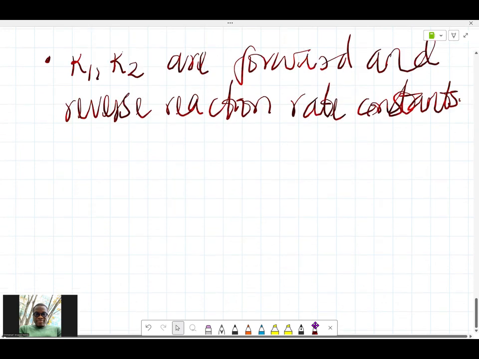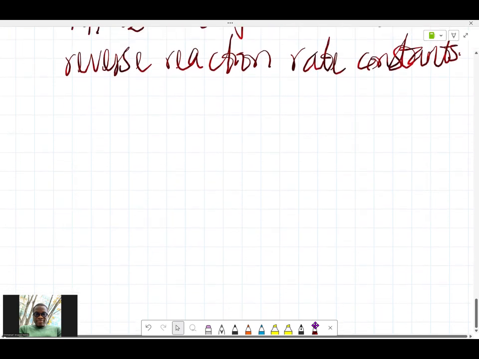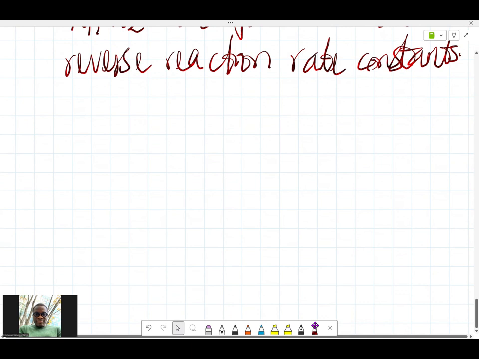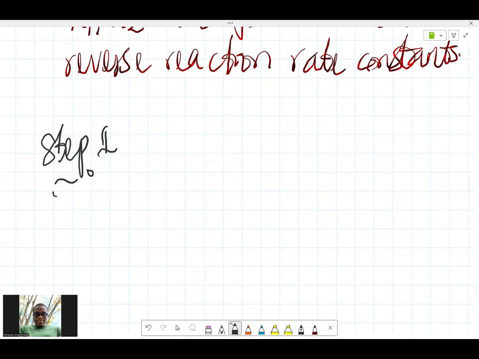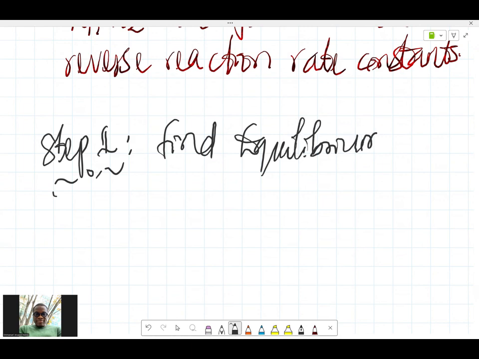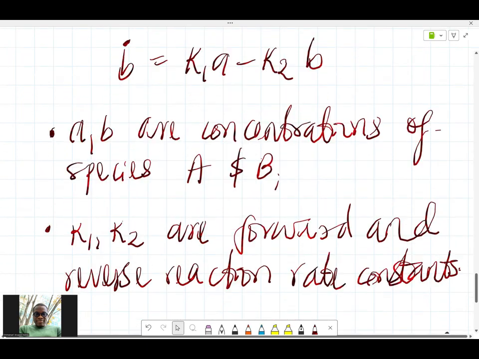Now, how do we deal with this? That's the question at hand. Step one: we need the equilibrium points. Find equilibrium points. Clearly we have the expressions.